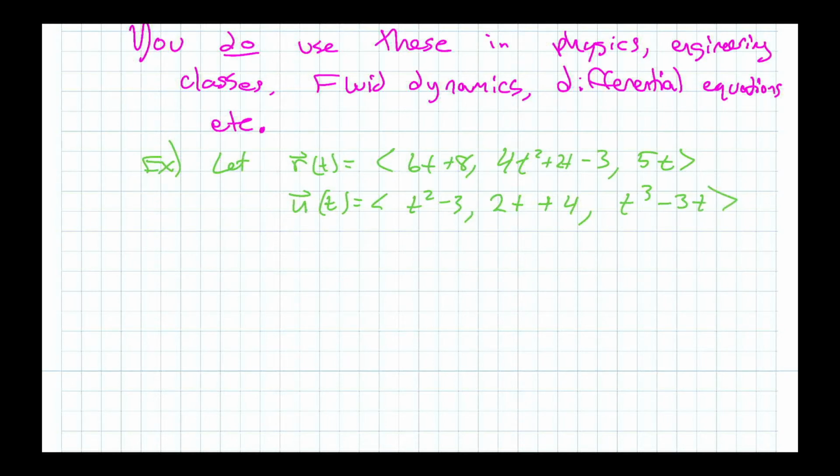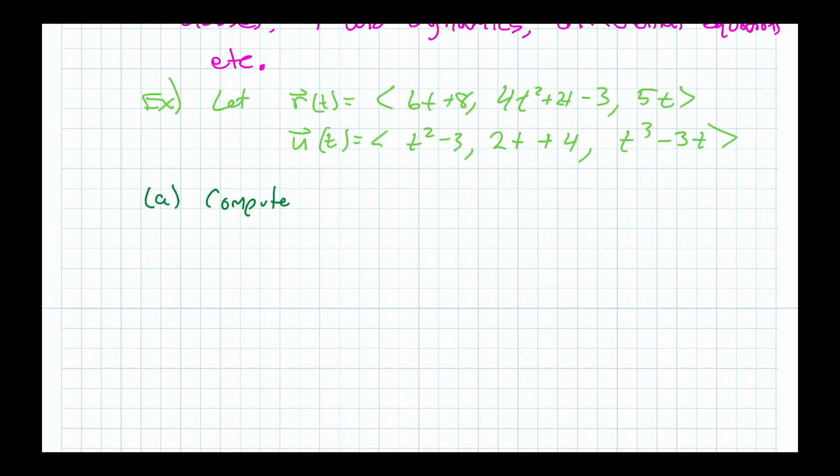I think this color is bad, so I'm going to switch colors. And we want to compute... Okay, I was trying to decide if we were going to do both of these.